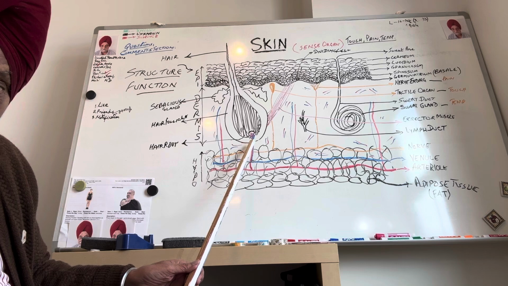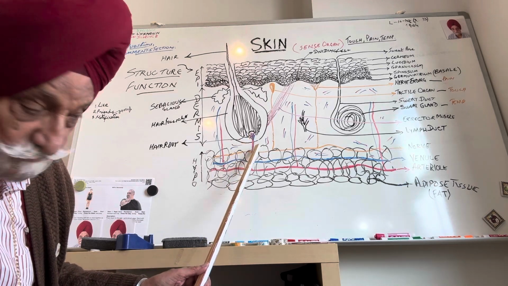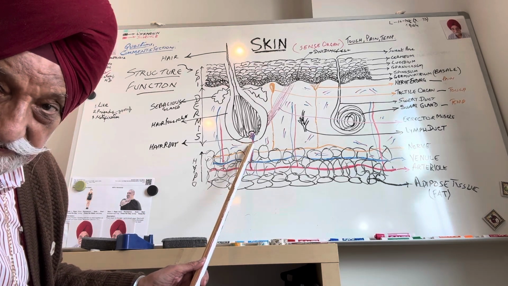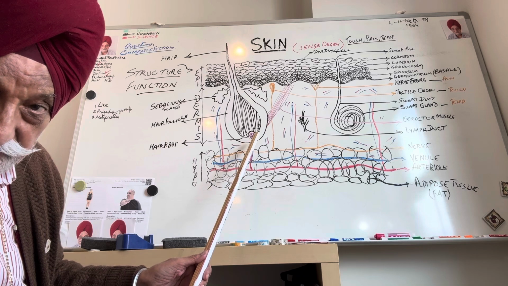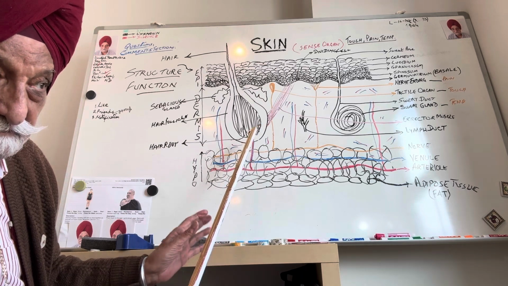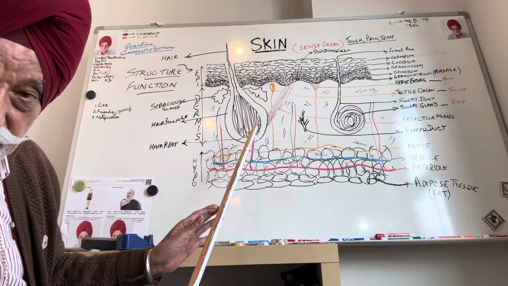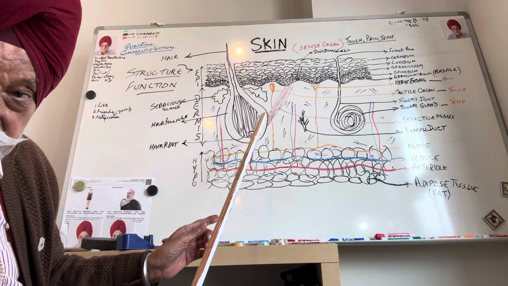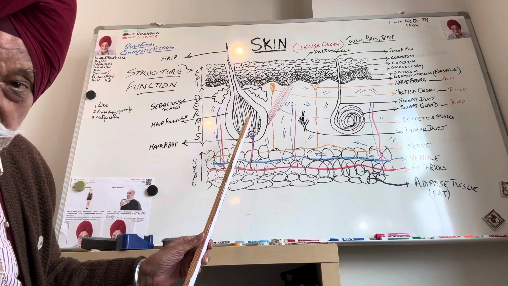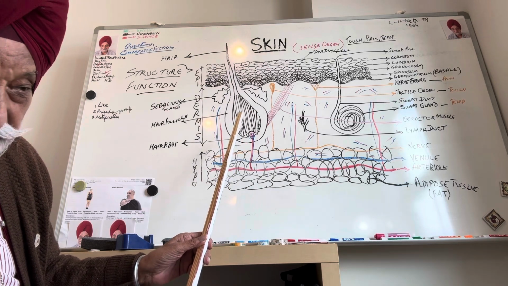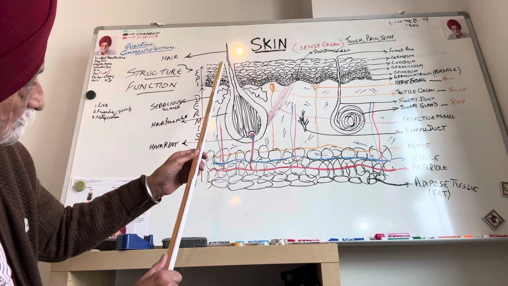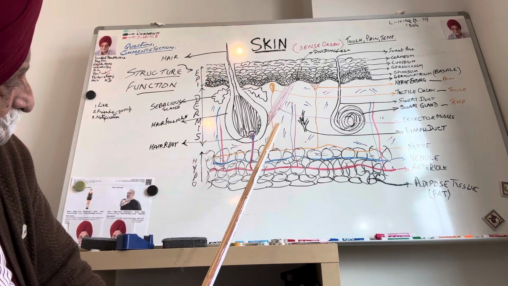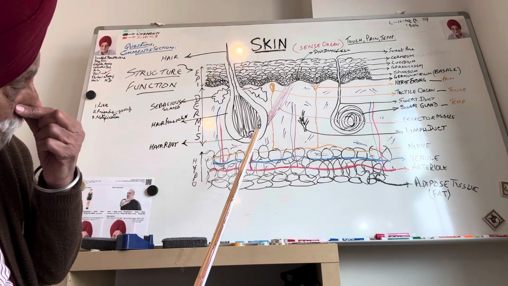The hair root is richly supplied with blood and nerves. When the hair is plucked, you feel the pain because of that nerve, and a small drop of blood might ooze out of the hair follicle.